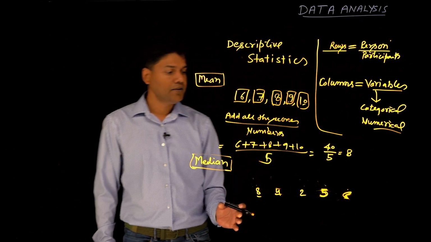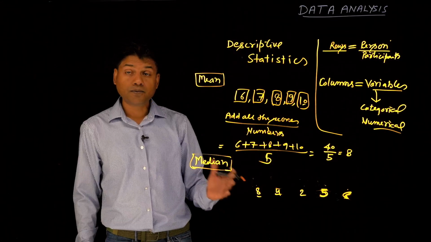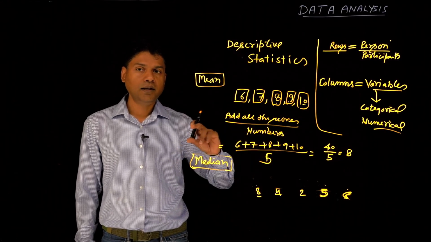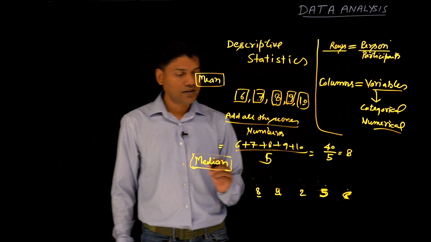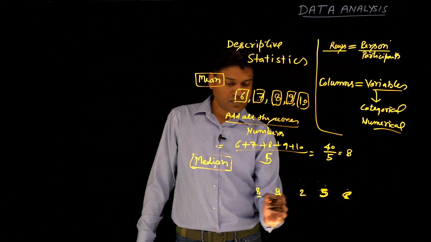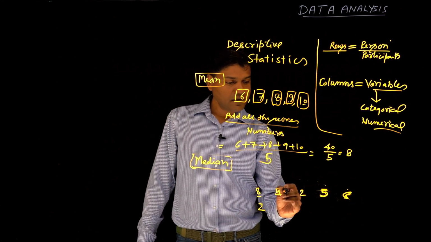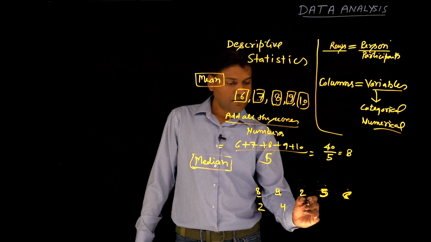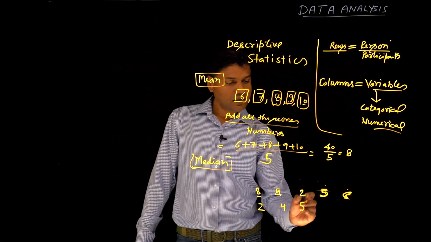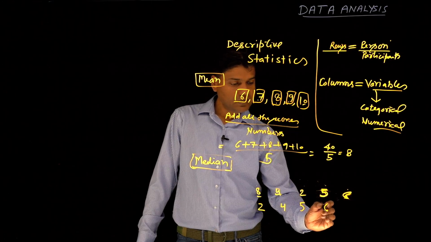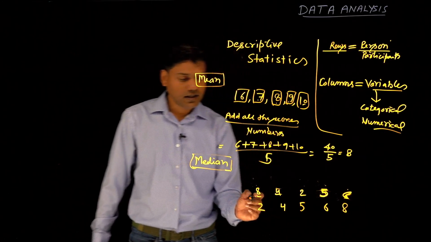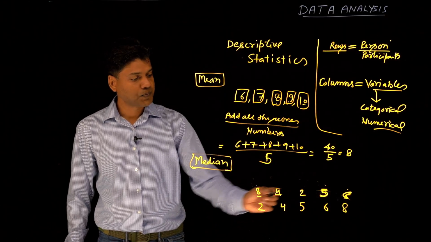Now to calculate the median, the first step is to organize the data in increasing order. So the minimum score is 2. The next one will be 4, and then 5, then I have 6 and 8. So I organize the data in increasing order here.